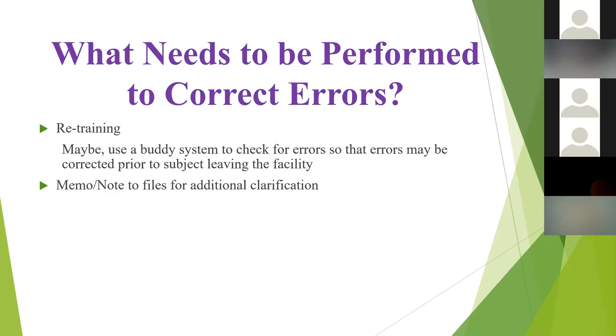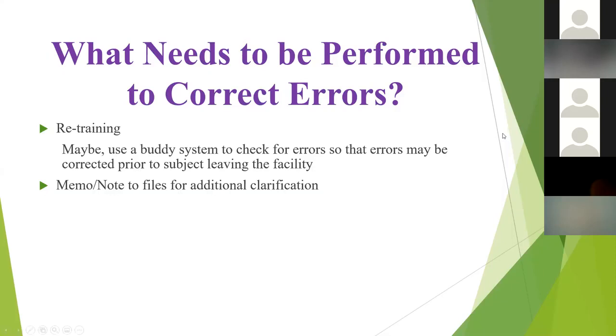Then at the end, the second pair of eyes may come back to that research assistant and let them know if there have been any errors so that they can be corrected before that subject leaves the facility. Because once they leave, it's hard to get those items corrected. It may be the next visit before that can occur.